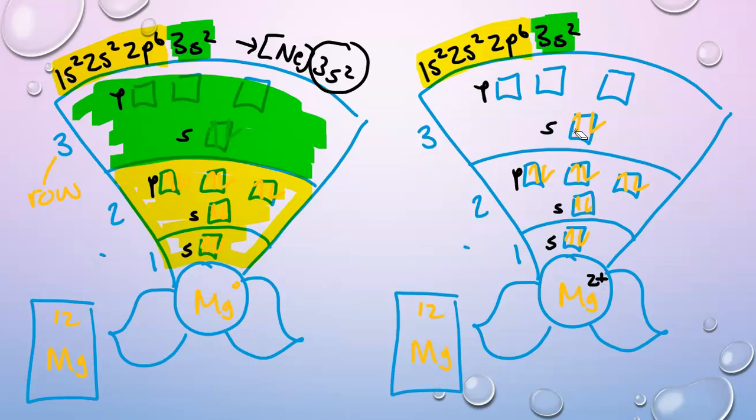So initially she had 2 electrons in the 3s orbital. Those were her valence electrons, but now she will give those away, which means in the long form electron configuration, she will take those out. It also means that she doesn't have 12 electrons anymore, she only has 10. And because she only has 10 electrons, she looks now exactly like neon. So she has become the noble gas closest to her.